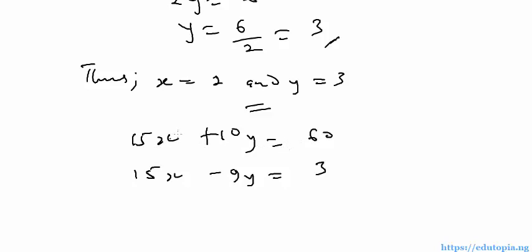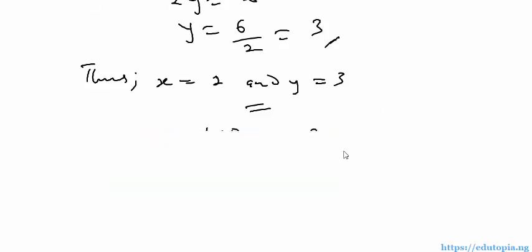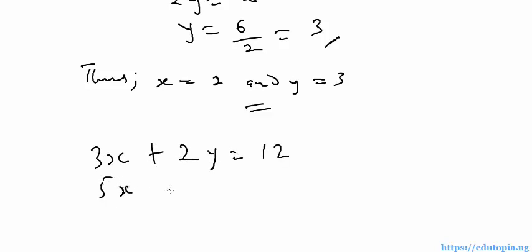Okay, let me bring it, let me just drag this off and just do it. Okay, remember our equation was 3x plus 2y is equal to 12, and 5x minus 3y is equal to 1.